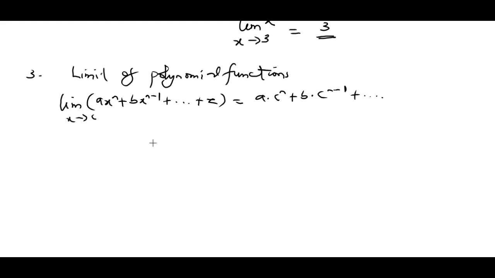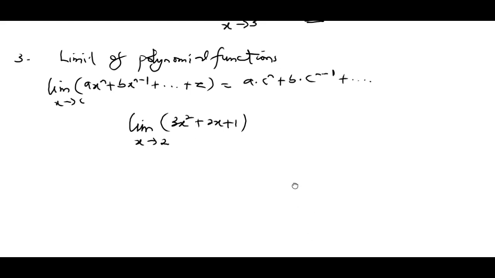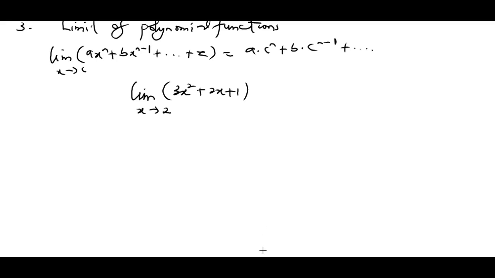Okay, how do I apply this? So let's say we have this question. Let's say we are asked to calculate the limit of 3x squared plus 2x plus 1 as x tends to 2. So basically what we are going to do is just substitute x equals to 2.